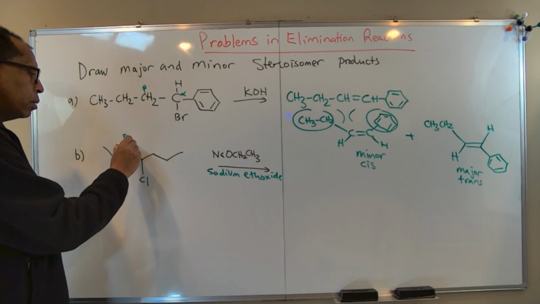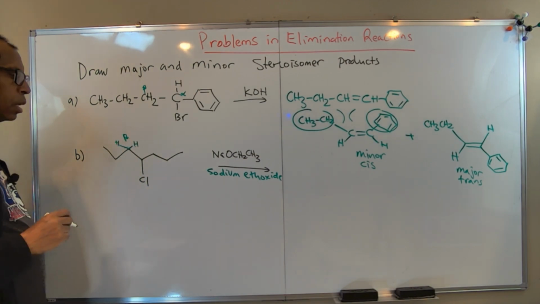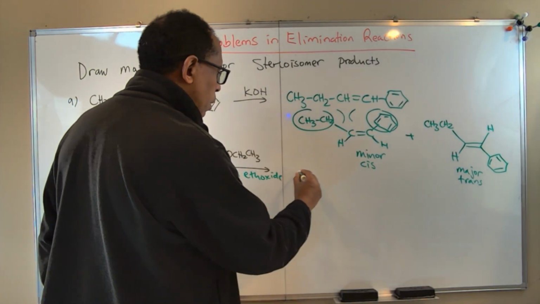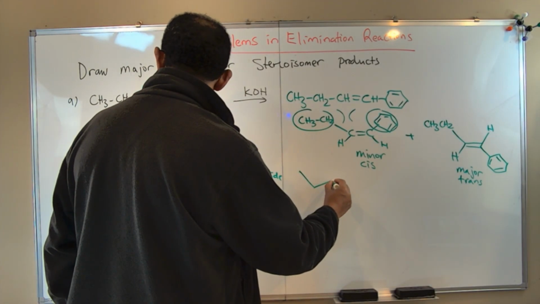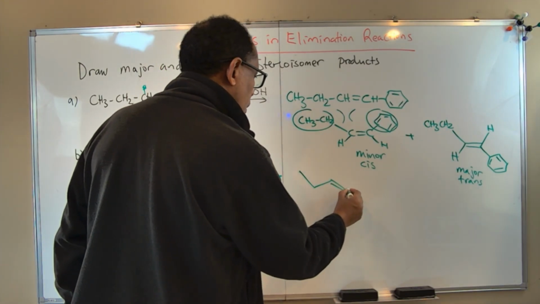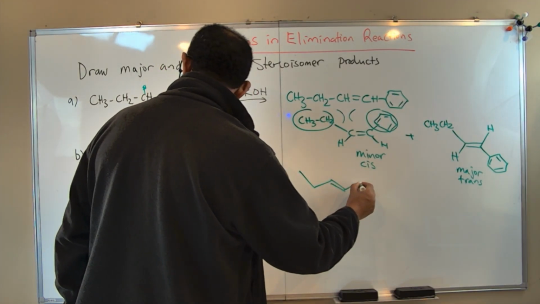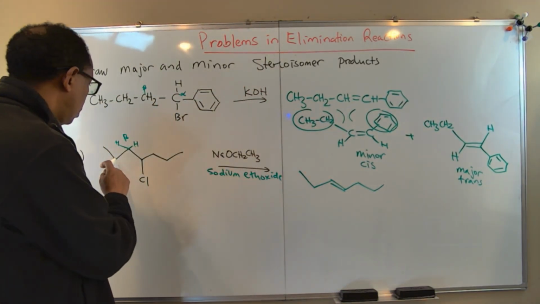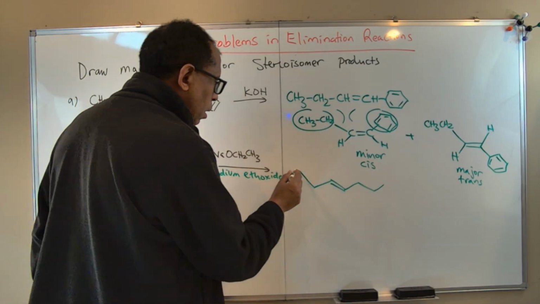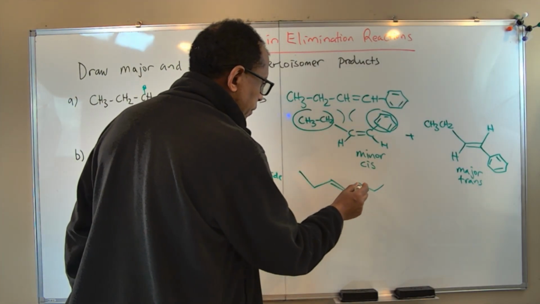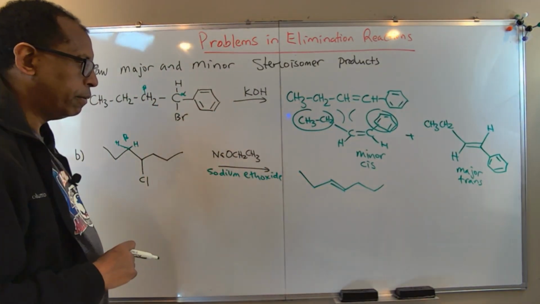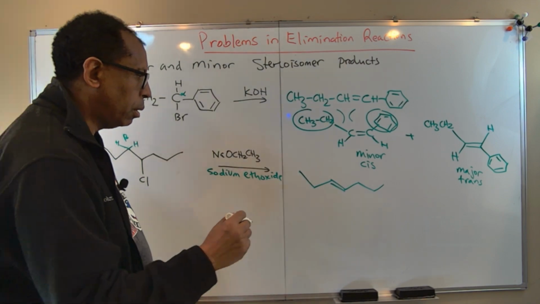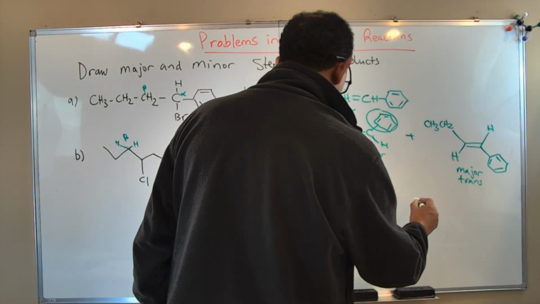So there are two hydrogens on this, and the elimination reaction would give, so it would be 1, 2, 3, 4, 5, 6, 7. So that's one of the products, but from this elimination you could also have this product as well.